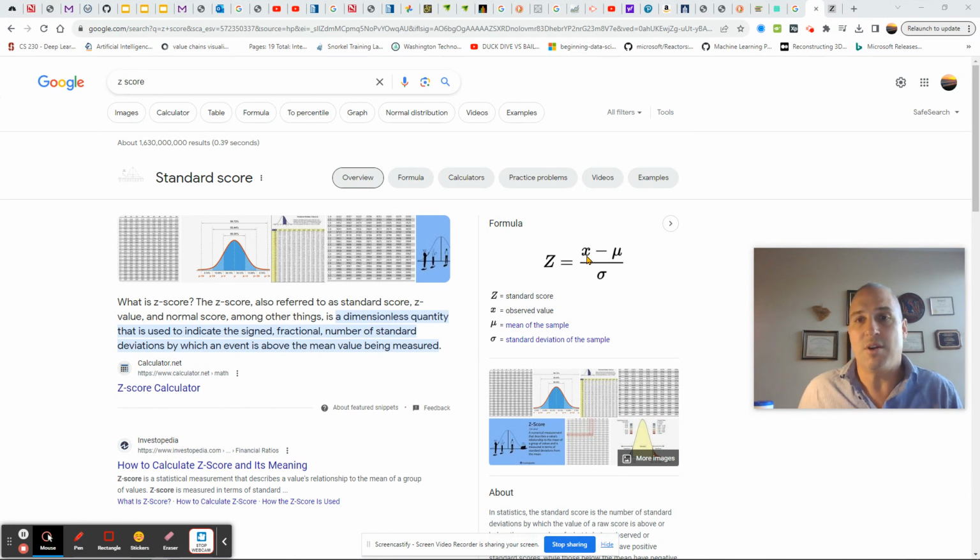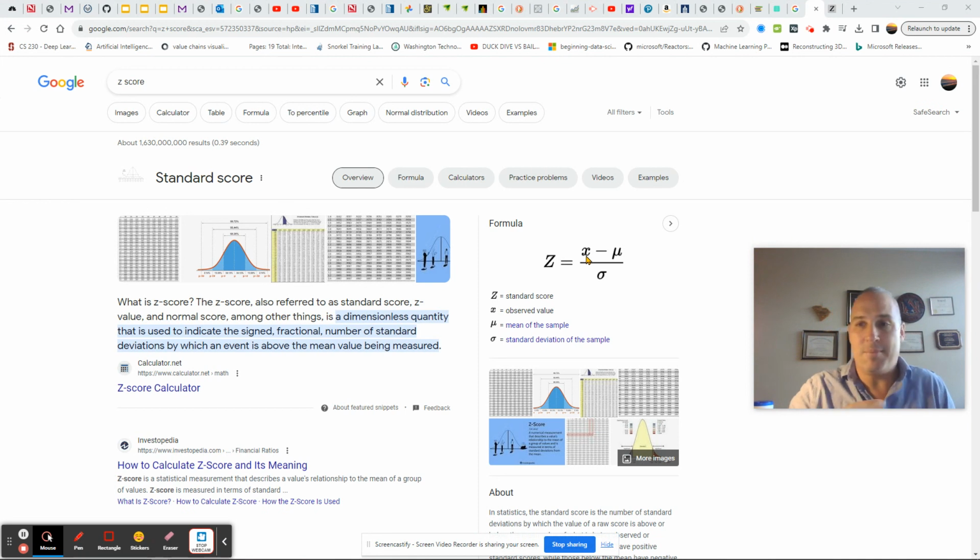Given that, the x you're interested in is that 50%. And the question really becomes, how many standard deviations is 50% away from that mean? That's the question right there.